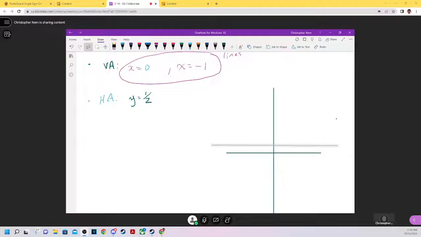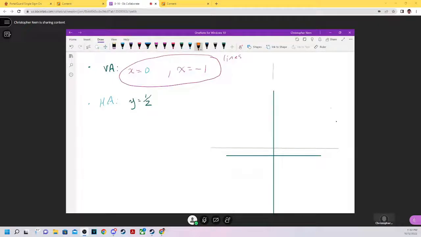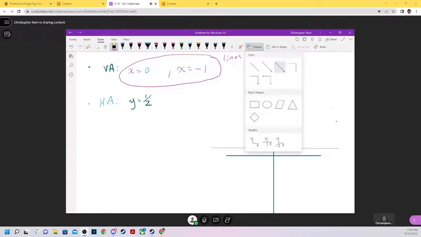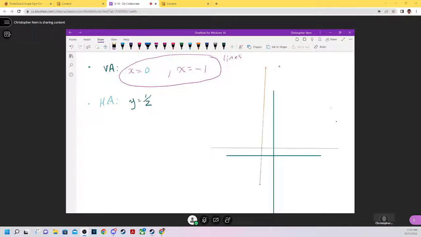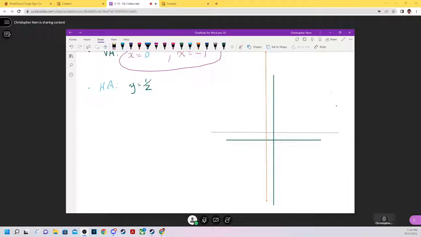I can make it dotted. And then my vertical asymptotes are at 0 and -1. -1 is over here, and then we have x equals 0 as well.